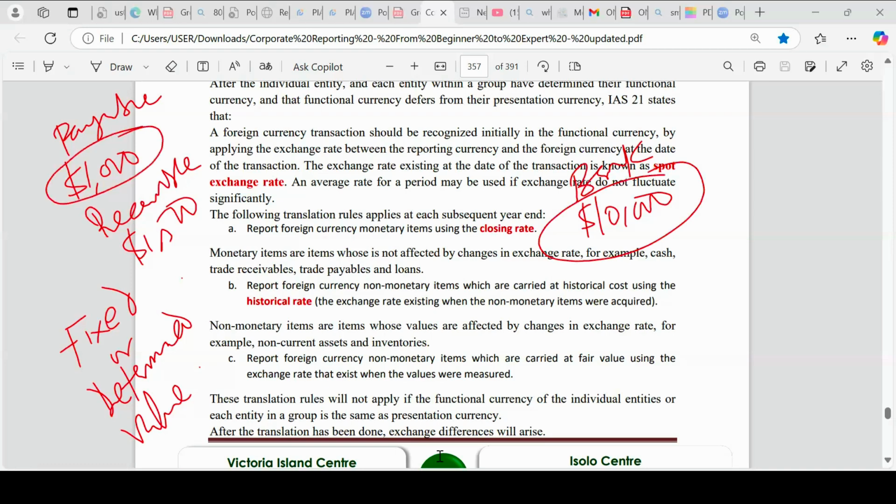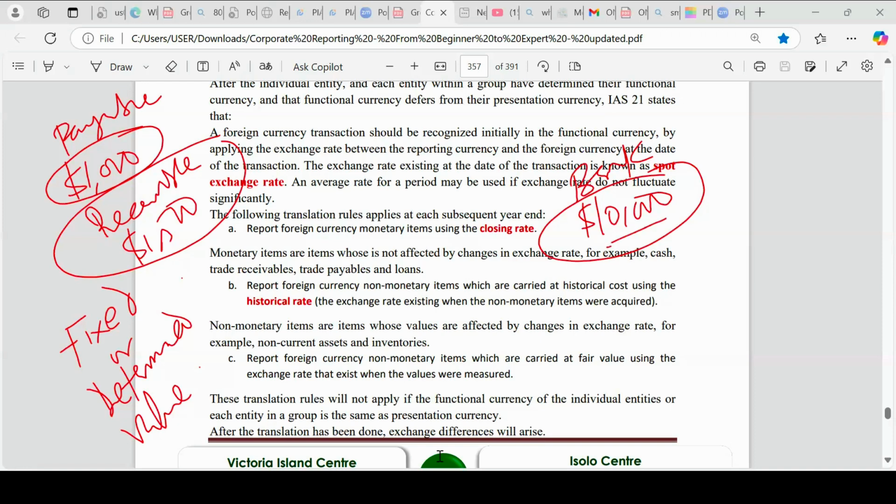The only thing is that I know the value I'm going to pay in dollars, but what I will eventually pay will be stated in my books in naira. That is the only thing. In terms of receivable again, I am going to receive this money. I may not know how much I'm going to receive in naira, but I know I'm definitely going to get $1,500 sometime in the future.